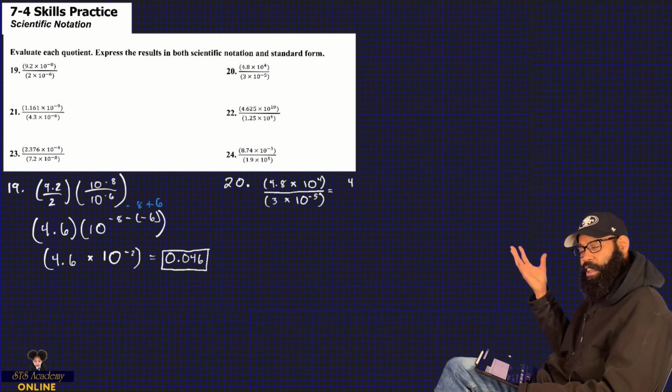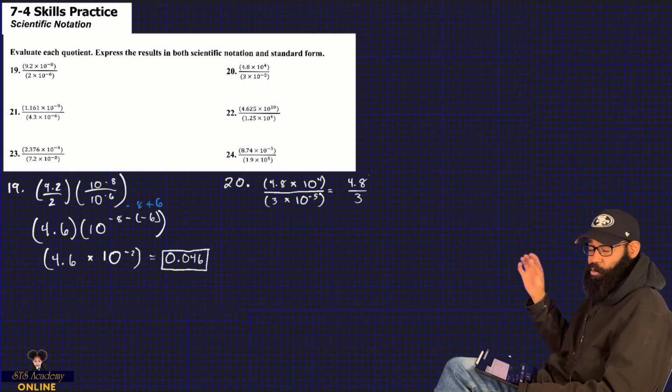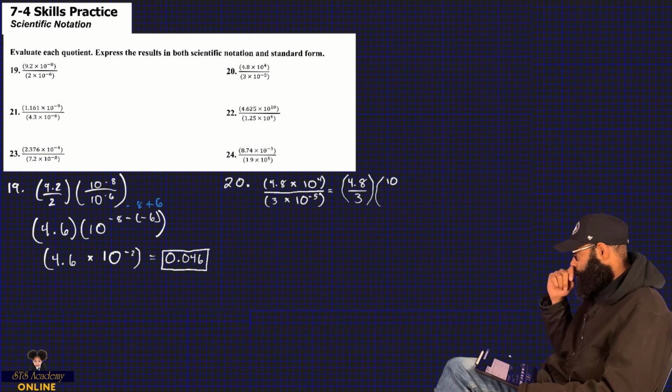Let's do the division of the decimals, or in this case, the decimal and the whole number. And then with our base 10, we'll work with that separately. So moving horizontal this time. Again, as you kind of see, 3 goes in 4, 3 goes in 18. But 10 to the 4th divided by 10 to the negative 5th.